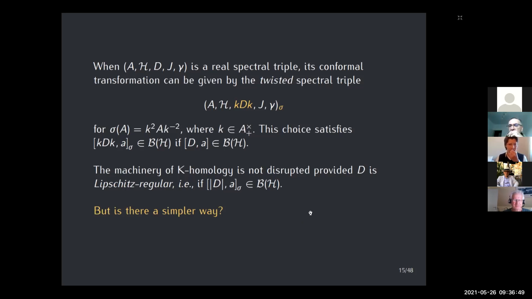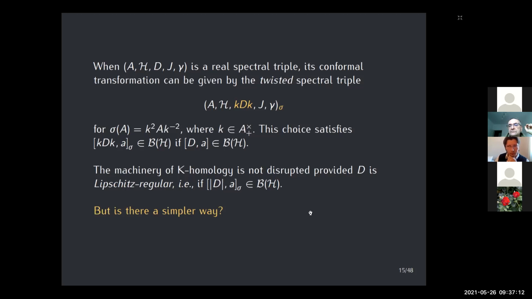Truth be told, I'm not entirely sure. I don't know a lot about the details of Dirac operator theory in the context of twisted spectral triples. I think the answer is yes, if I remember right, under certain conditions. Yeah, I think you get the same K-homology class.